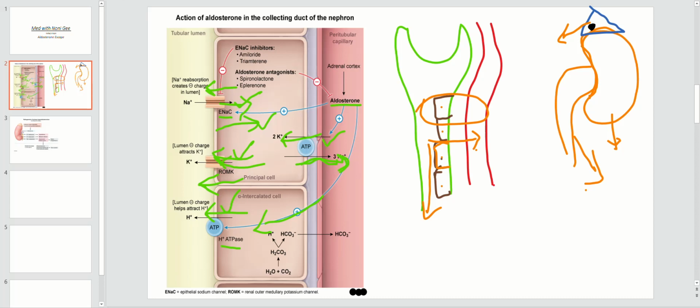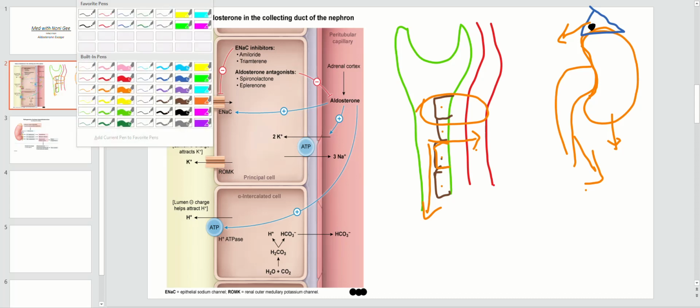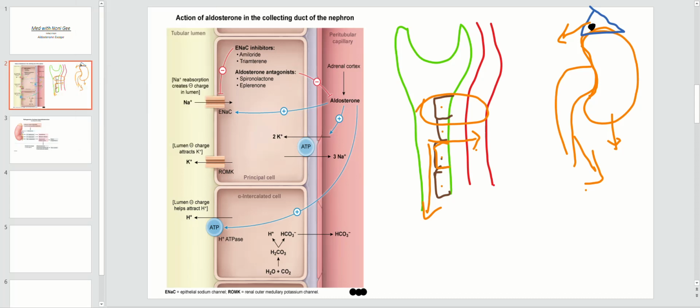What we understand from this is one thing you have to remember: water will go wherever your sodium goes. So over here, let's say this is your endothelial cell. Here the aldosterone comes. I'm drawing it just into the blood so you understand.